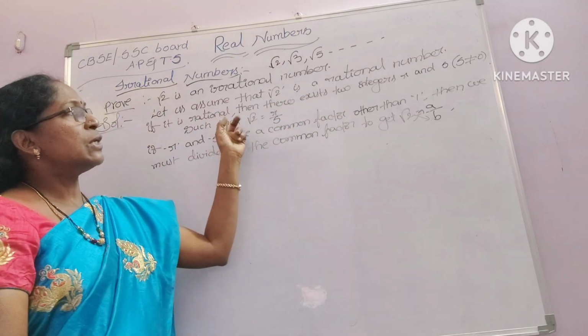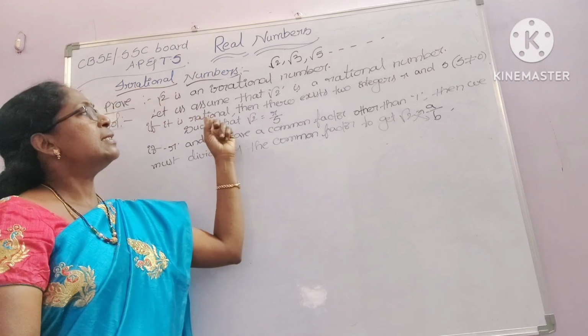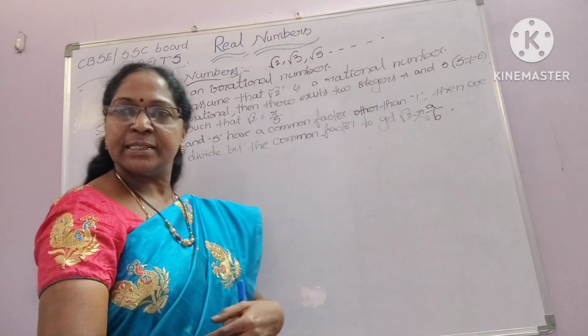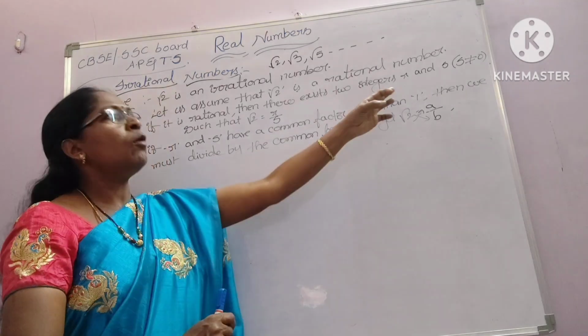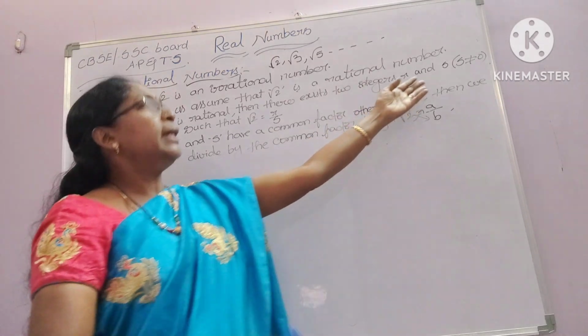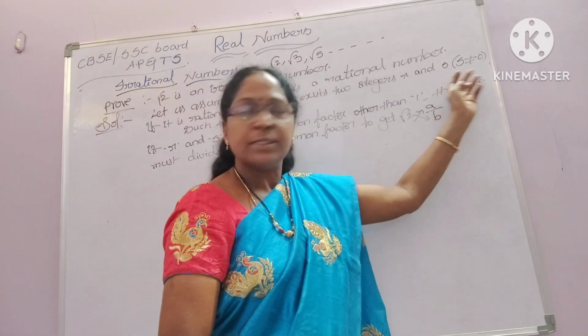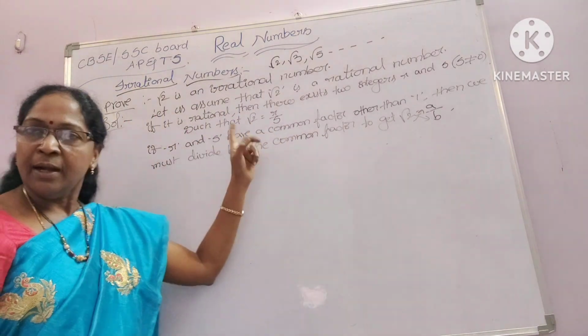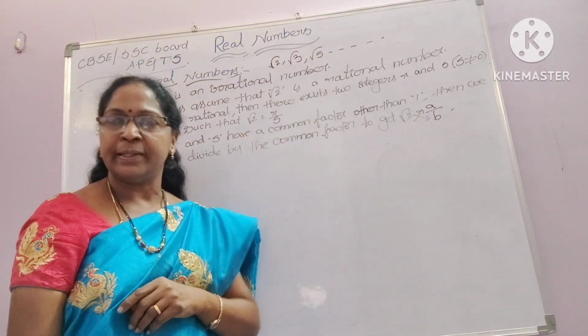If it is rational, as we already assumed, then there exist two integers r and s. Here the condition is that the denominator should not be equal to 0. Here our denominator we assumed as s, so s is not equal to 0, such that root 2 equals r by s.